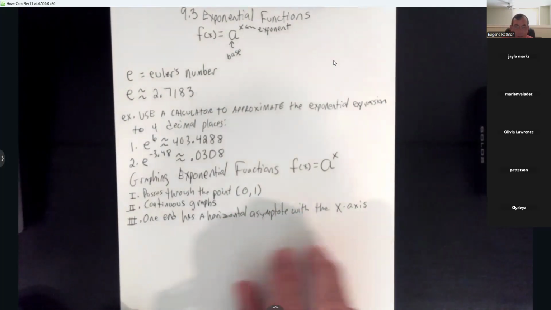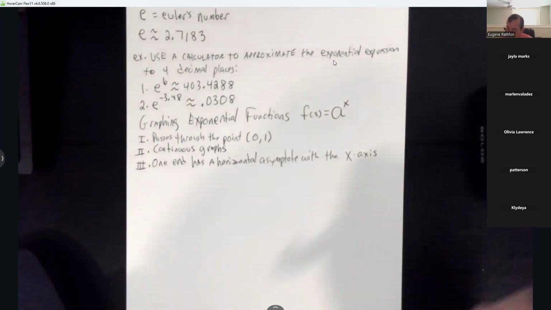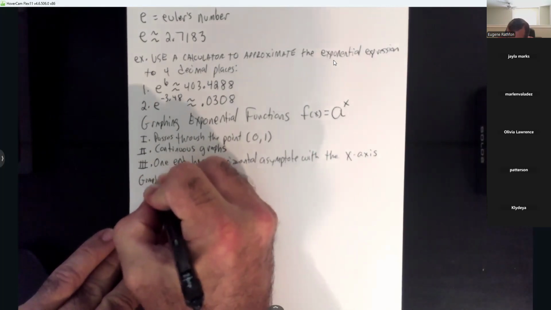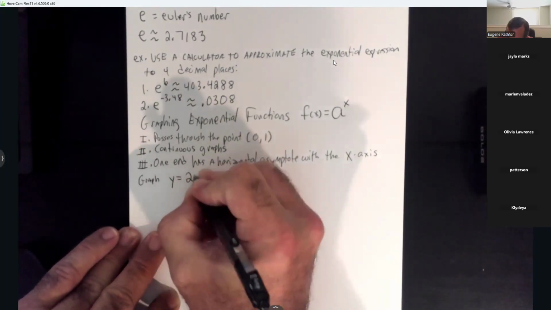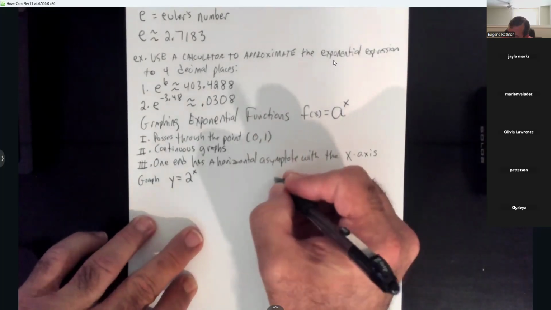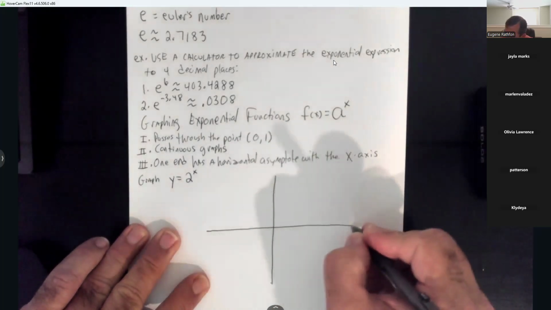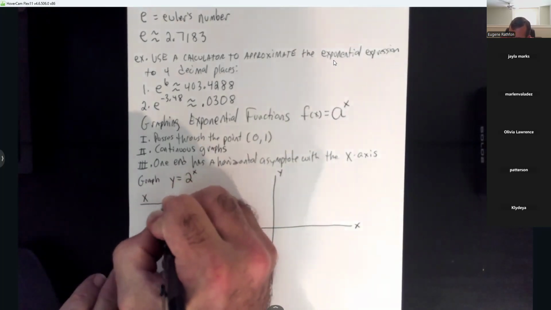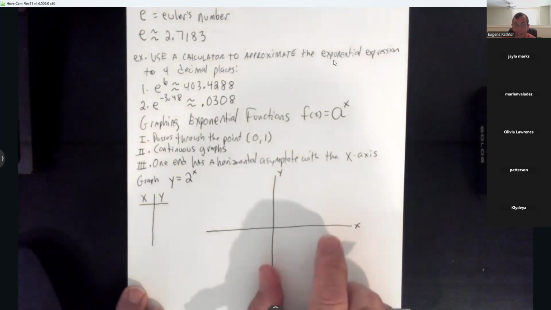So y'all, let me just play with a couple examples here, sort of show you what's going on. So for this one, I'm going to graph y equals 2 to the x. I'm going to see some numbers first before I make my scale here, okay?